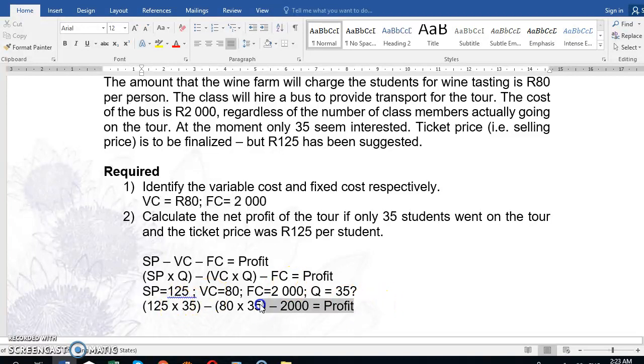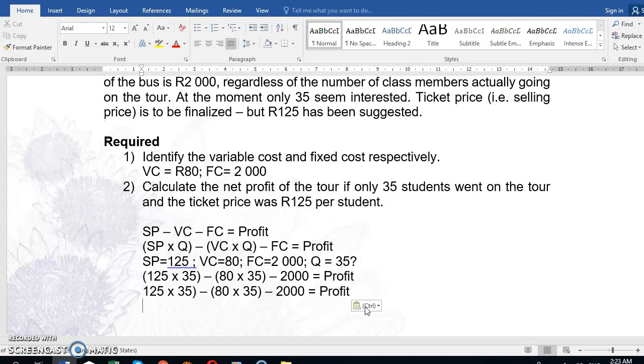If you multiply this out, you are effectively going to get a profit of, actually a loss of 425.